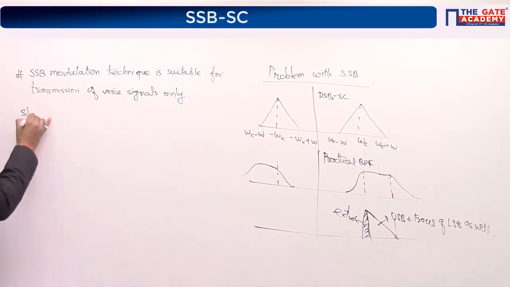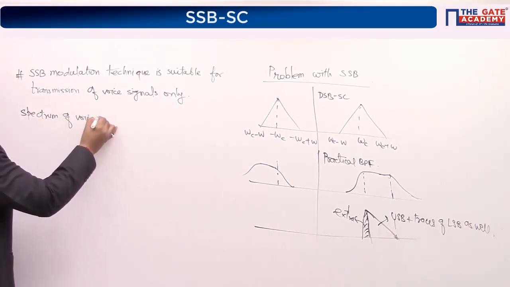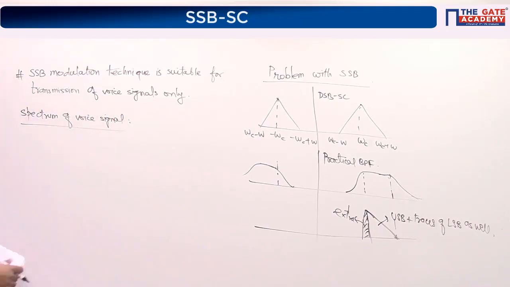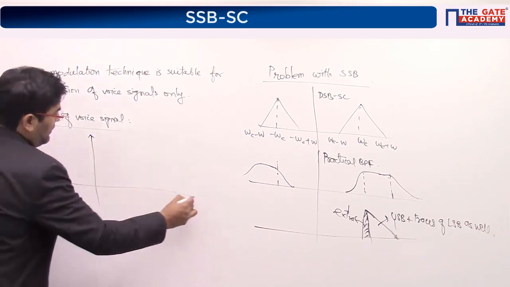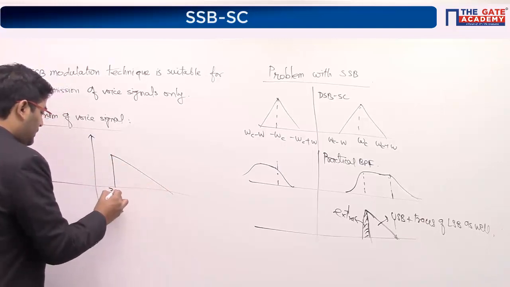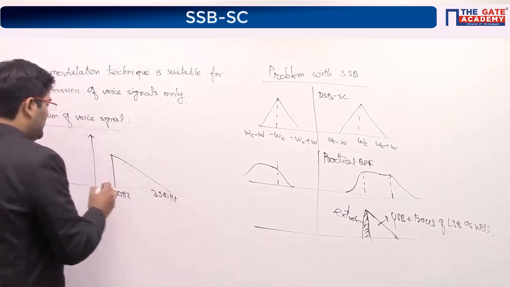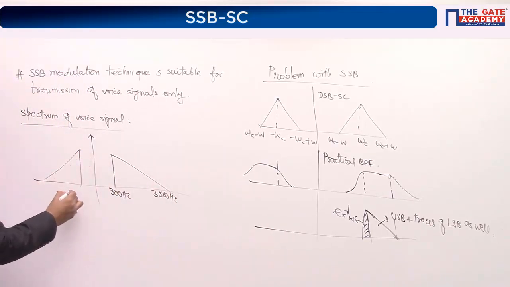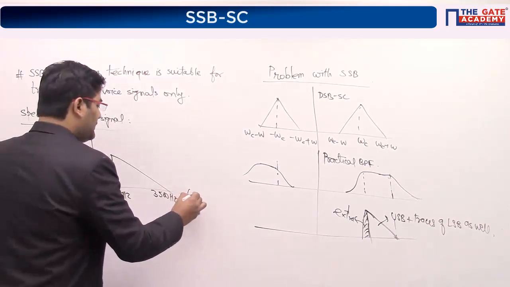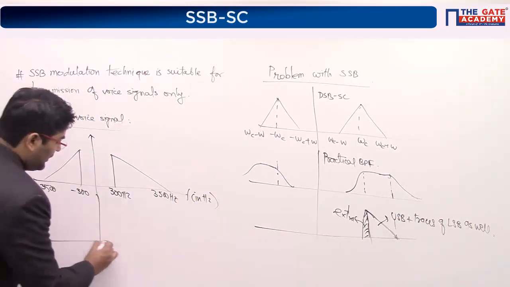So what is the spectrum of a voice signal? Let me show you. I drew this in the first session as well. It looks like this. You are having from 300 Hz to 3500 Hz, and similarly we'll have the mirror image as well, so minus 300 to minus 3500 Hz. Frequency is in Hz.